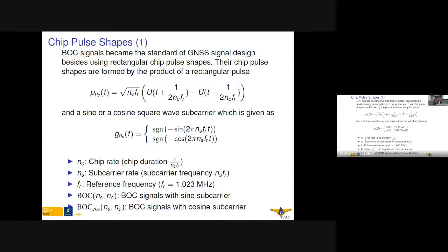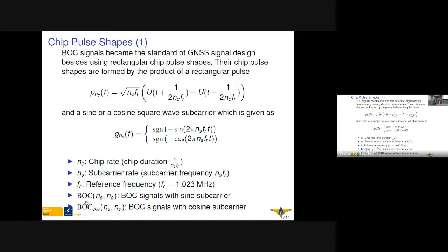Then we have NS, which is the subcarrier rate, because now we multiply this rectangular chip shape with a square cosine or sine wave subcarrier, which can be given by this g of NS here, and NS times FR is included in defining the subcarrier frequency. So the subcarrier rate is NS, and the subcarrier frequency is NS times FR.